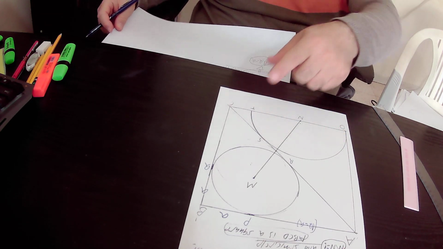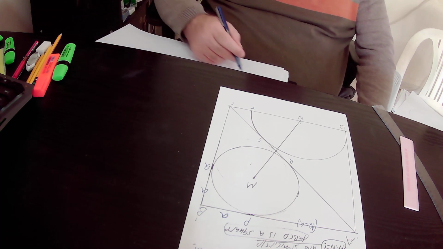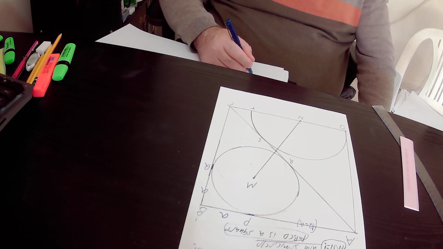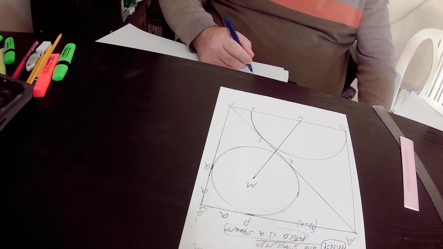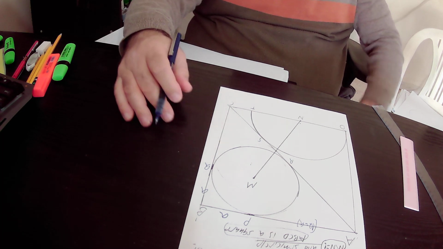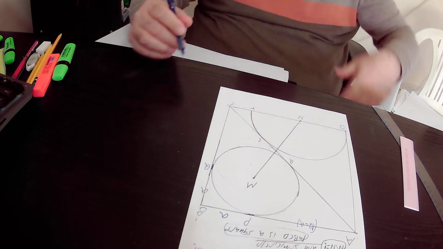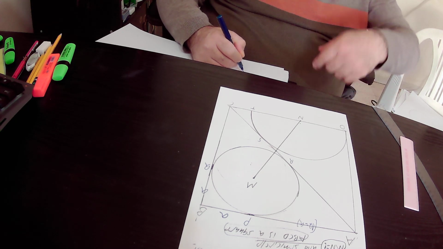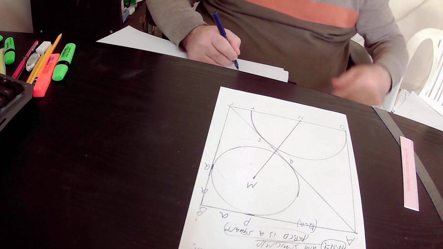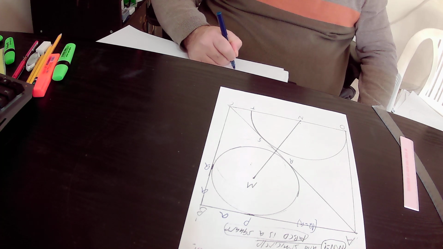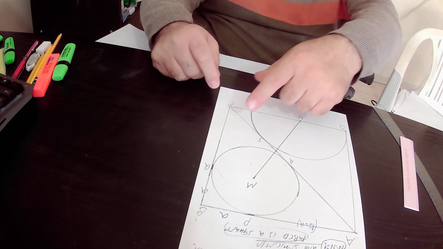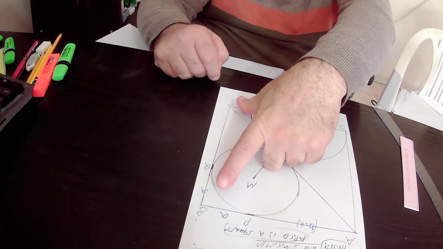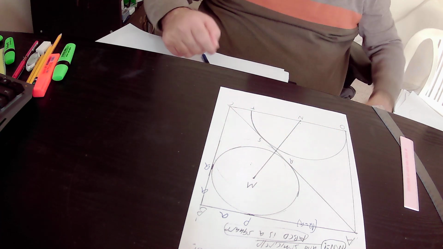From the drawing, it is very easy to see that QC equals BC minus BQ.